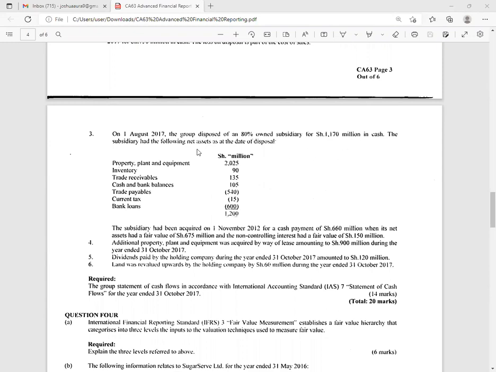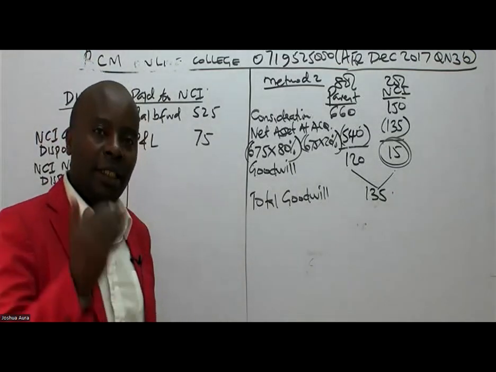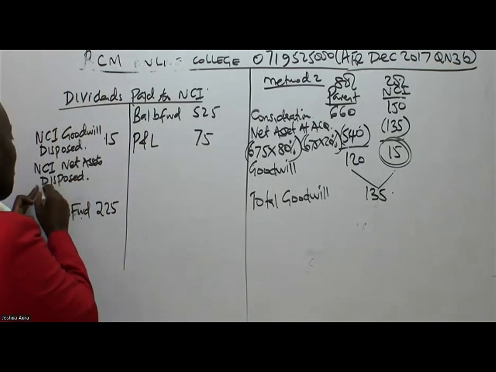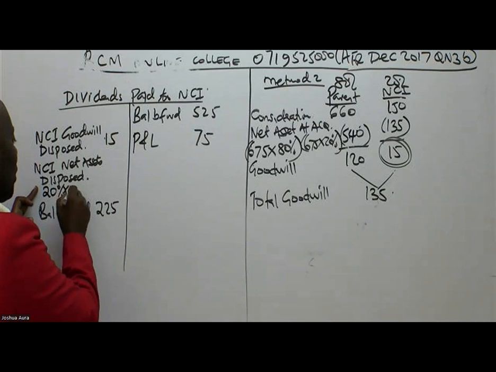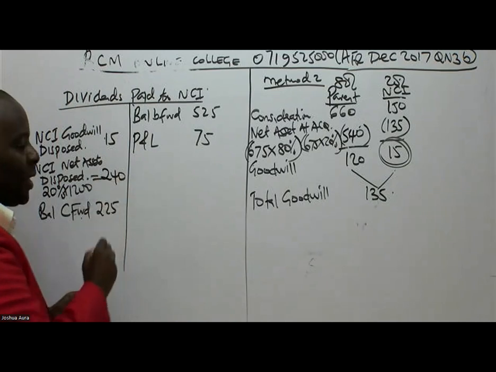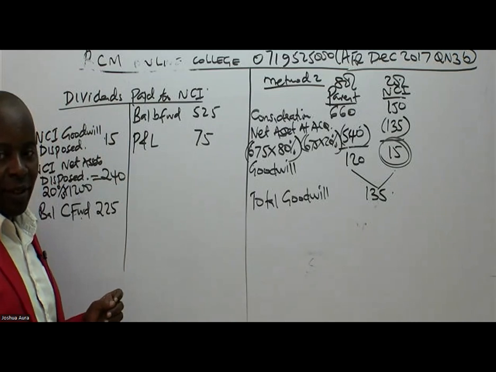The subsidiary had the following net assets as at the date of disposal, worth 1,200. And out of this 1,200, 20% belongs to NCI. At the date of disposal, they lost it. So NCI's net asset disposal will be 20% of 1,200. This must be 240, thank you very much.